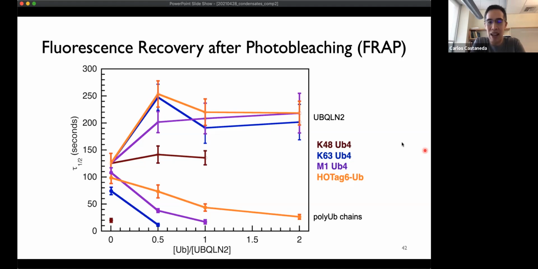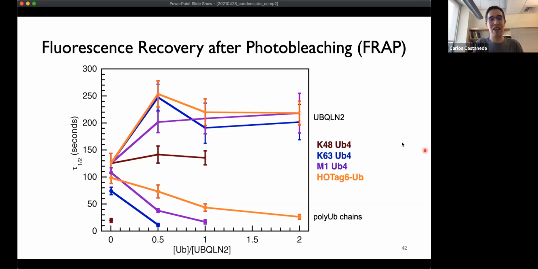To be thinking about how polyubiquitin chains are not just chains that have different linkages and may interact with the binding partners differently, but how these different chains may also affect how these droplets form or don't form. And maybe you can tune, right, the ratio of ligands.